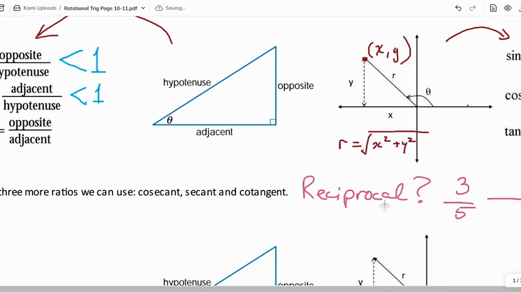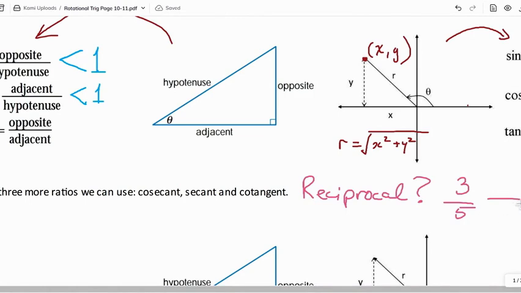Folks, okay, that's the reciprocal. Oh, sorry, of 3 over 5, right? So the numerator becomes the denominator and vice versa. That's the reciprocal, okay? Do you know which concept someone might confuse this with?